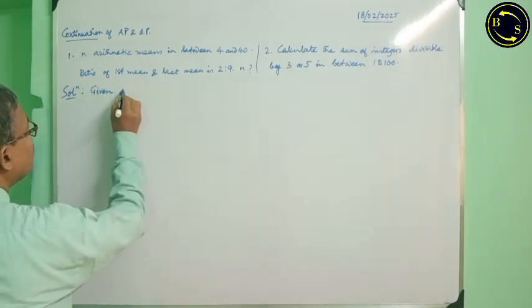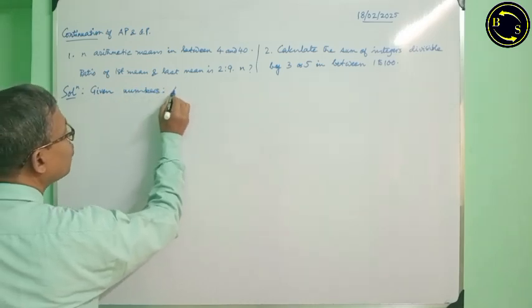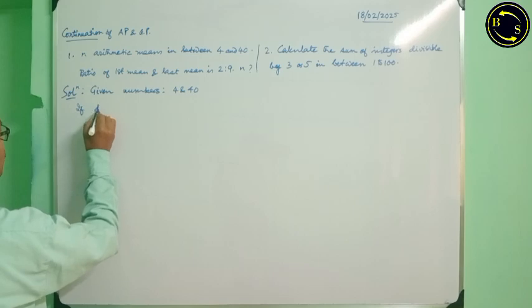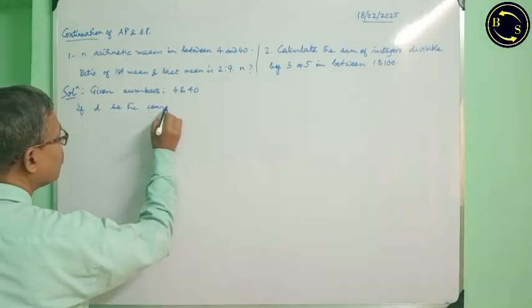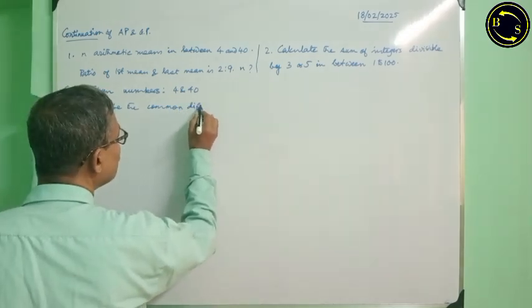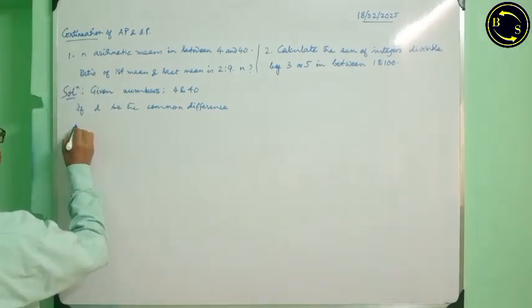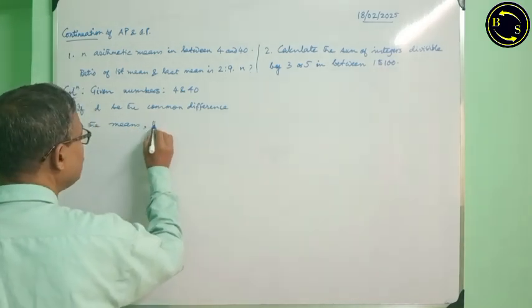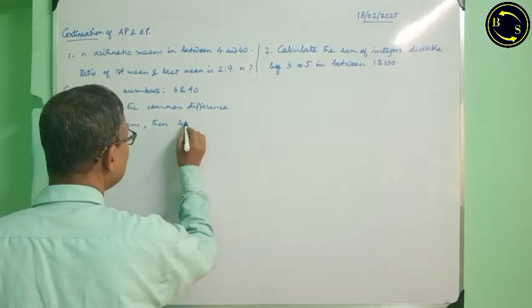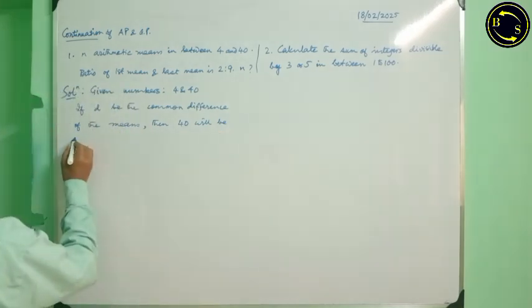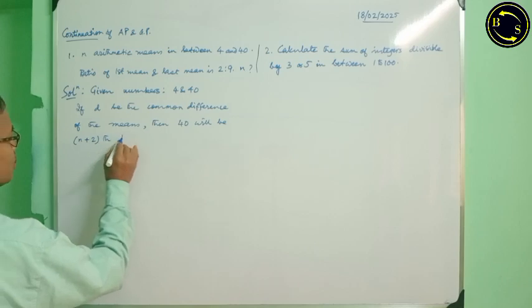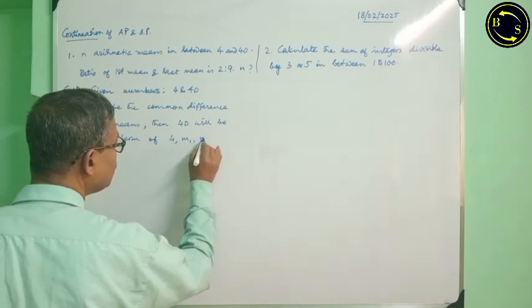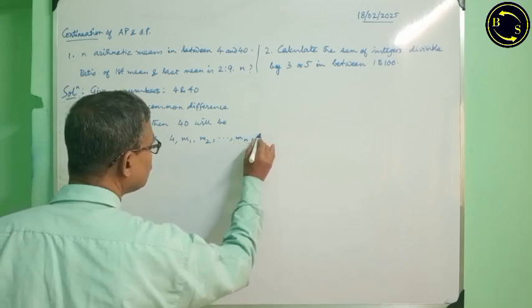Given numbers 4 and 40. If d be the common difference of the means, then 40 will be the n plus 2th term of 4, m1, m2, mn, 40.